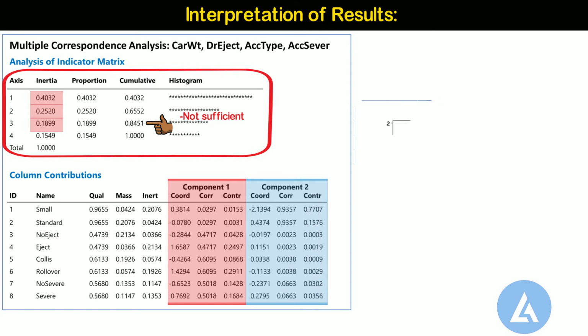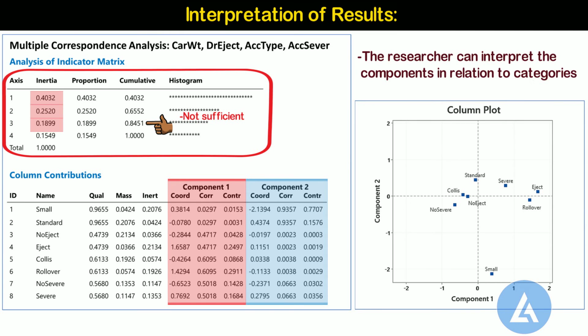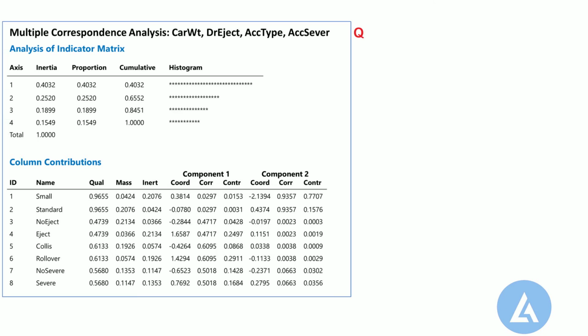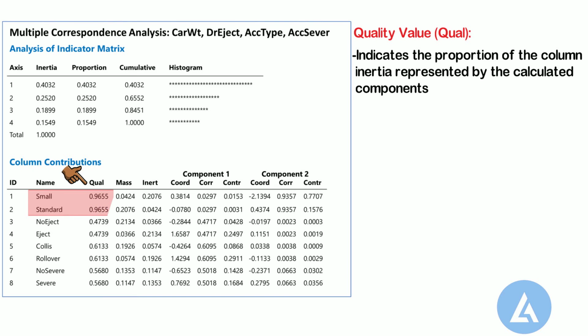Using the column contributions table and the column plot, the researcher can interpret the components in relation to the categories. In the table, the quality value, qual, indicates the proportion of the column inertia represented by the calculated components. In this example, the car size categories, small and standard, are best represented by the 2 components, quality is equal to 0.965.